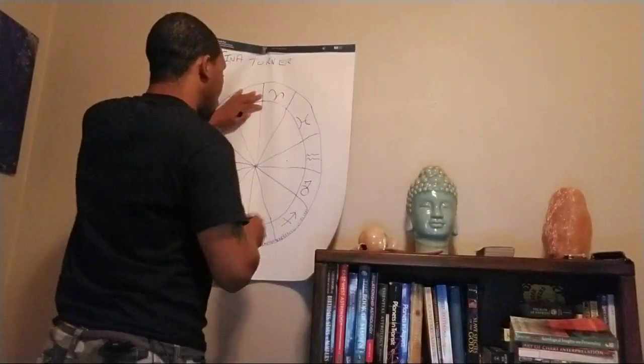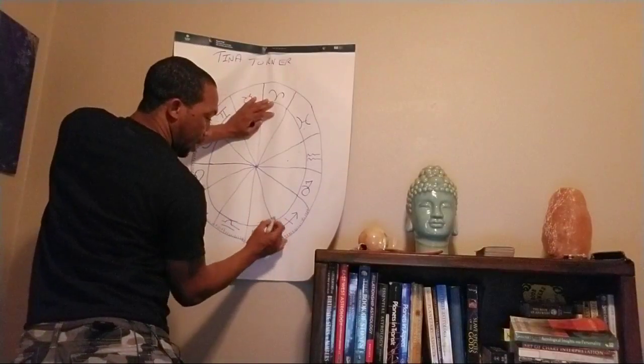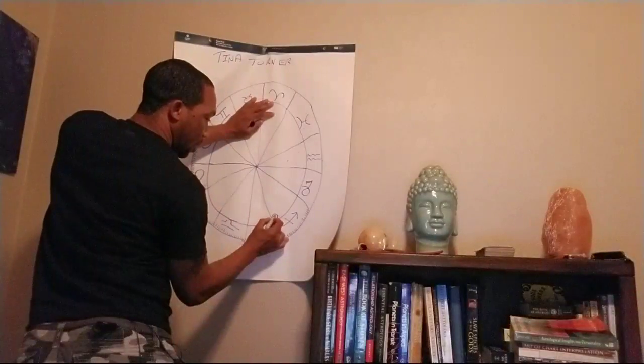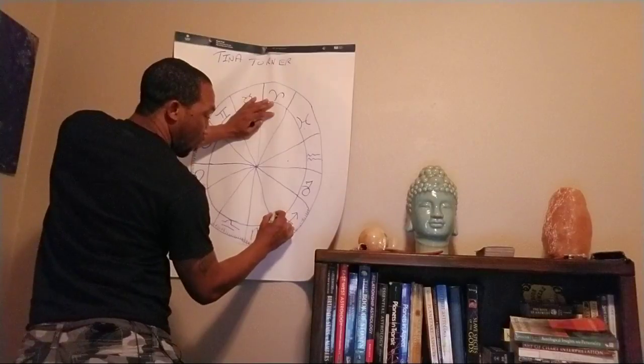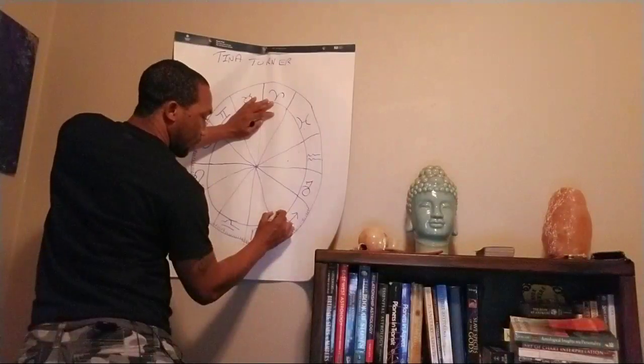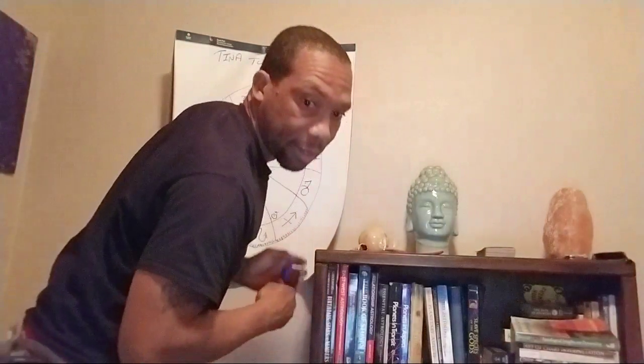All right? So she has her sun, which is drawn like this, at 4 degrees. We're going to go into the numbers that follow that. 4 degrees, 1 minute.